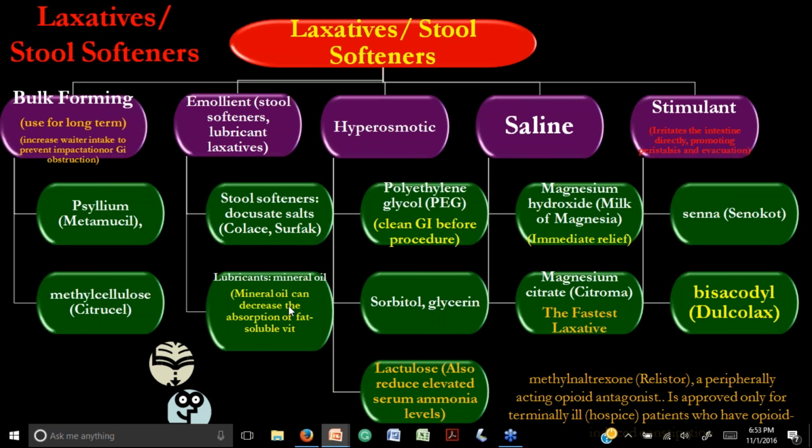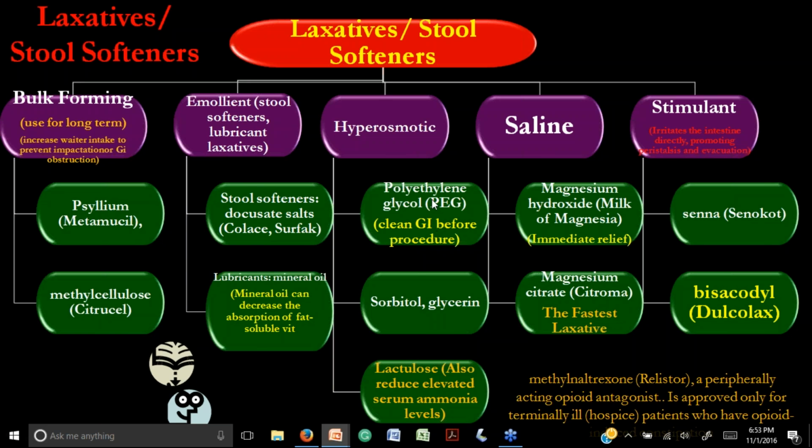The side effect is going to be decreased absorption of the fat-soluble vitamins. So everything that is highlighted in yellow here is really important, really high yield for NCLEX.